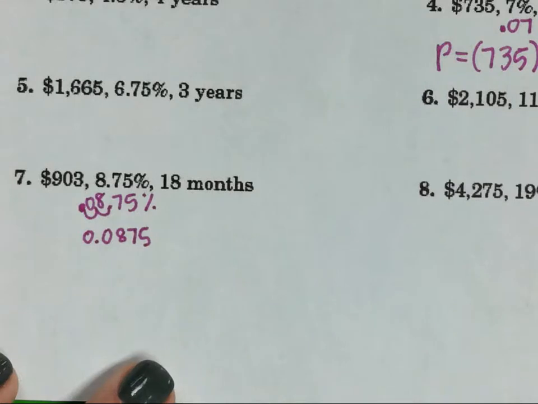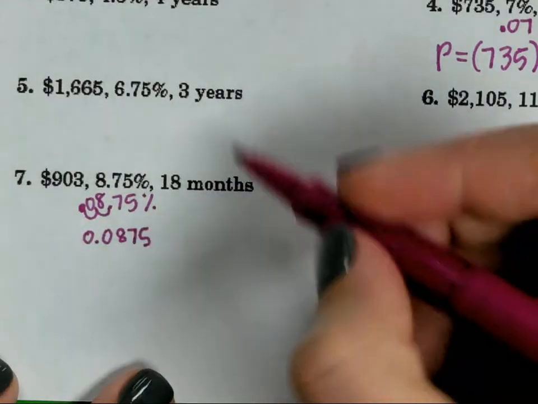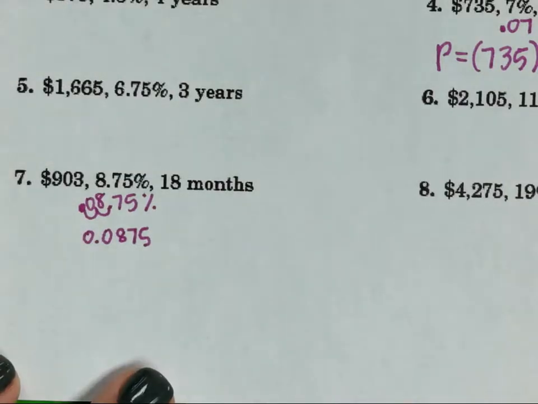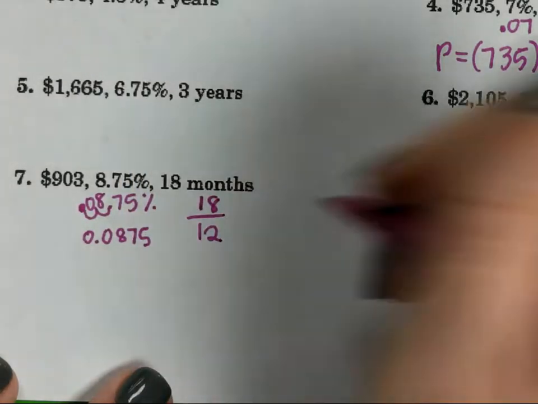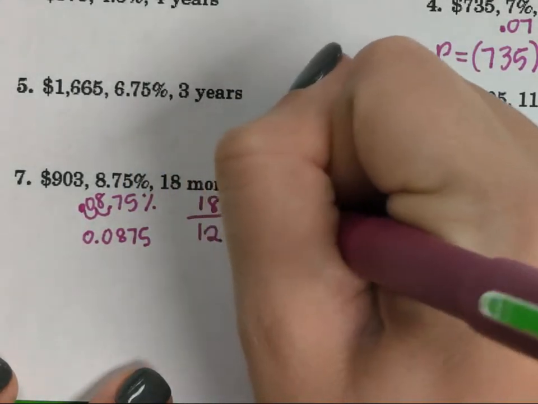And then my 18 months. Remember that T has to be in years. So I need to convert 18 months into years. Wonderful. 18 divided by 12. And then when I do that, I get 1.5.